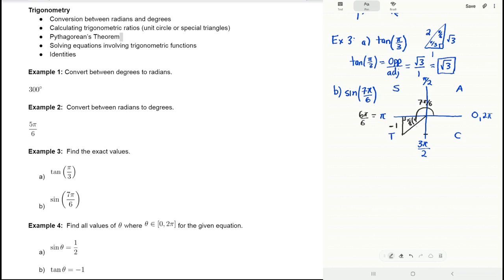Okay, so now the hypotenuse is always positive, so that will be equal to 2, and the third side is going to be √3. Okay, and because we're in the third quadrant, we know that this length is going to be -√3.